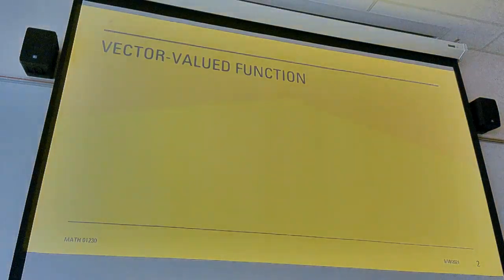Vector valued functions. So we're kind of progressing along how your math career progressed. Started with just numbers, right? And add, subtract, multiply, divide, all that. Then you looked at, oh, look, variables change.